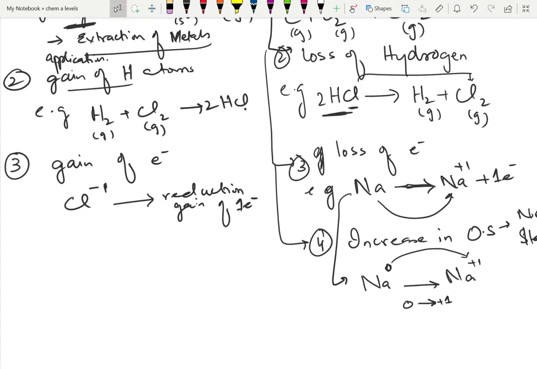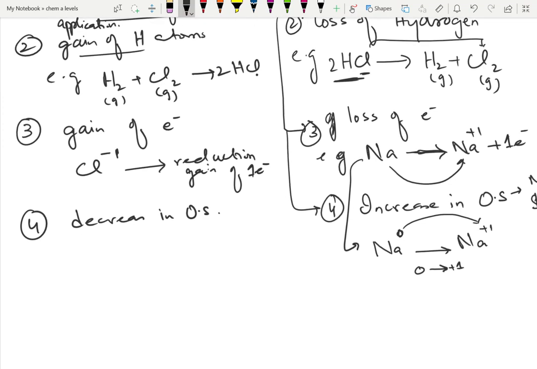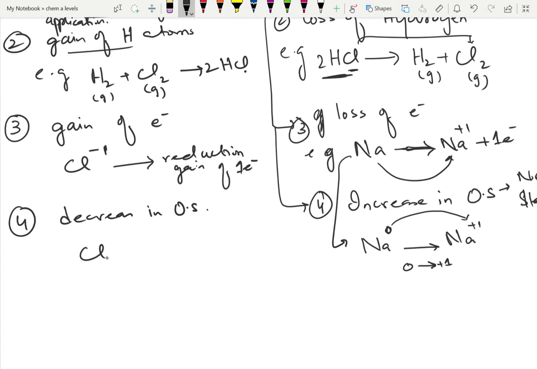So let's talk about the fourth point. That is the oxidation state is going to decrease here. As we talk, let me write the equation. Chlorine is 0 in oxidation state when it is in the form of gas, and when it gains one electron each, two chloride ions are formed.